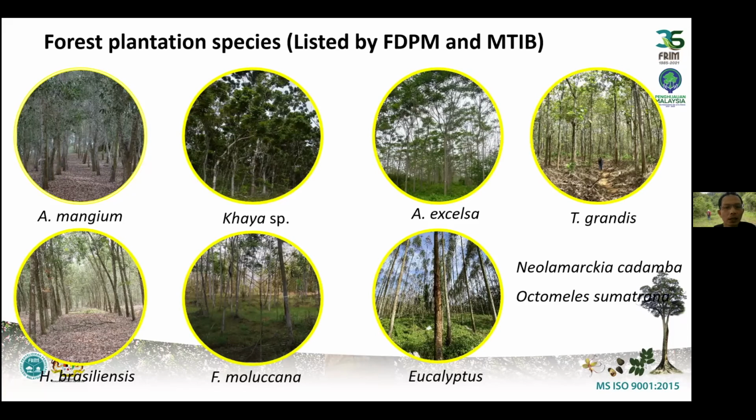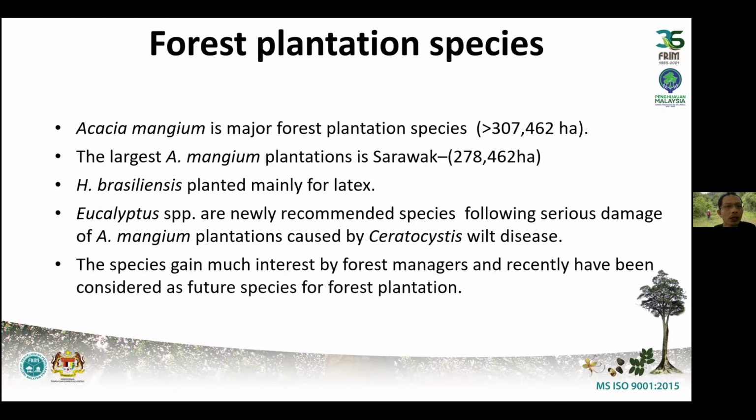We have Acacia mangium, Khaya, either Khaya senegalensis or Khaya ivorensis, Azadirachta excelsa, which is an indigenous species, Tectona grandis, Hevea brasiliensis, Falcataria moluccana, Eucalyptus, Neolamarckia cadamba, and Octomeles sumatrana. So far we have, if I'm not mistaken, 11 species, but they are going to add more into this program in future.